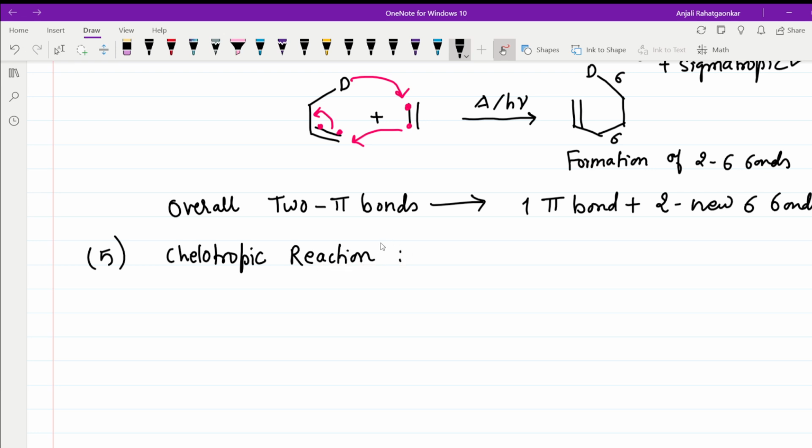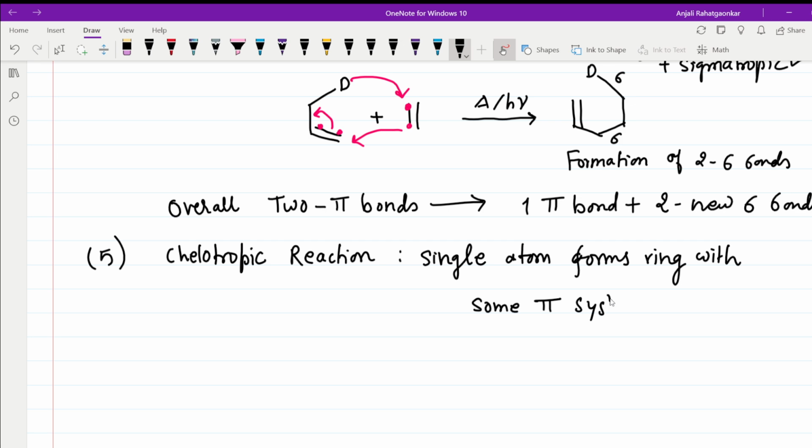Now this is the last reaction I can explain. These are the cheletropic reactions. Now here only a single atom forms a ring with some pi system.